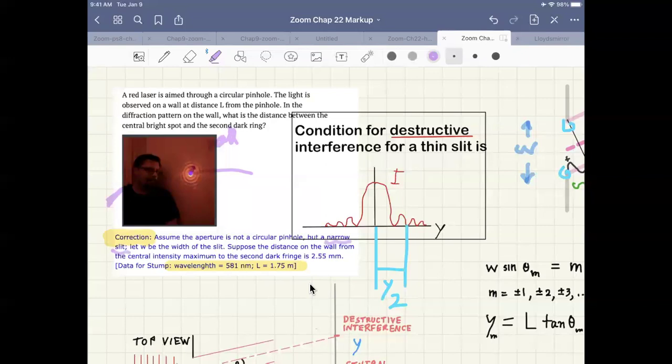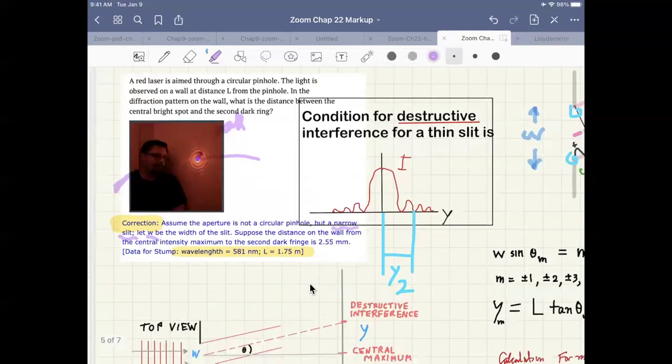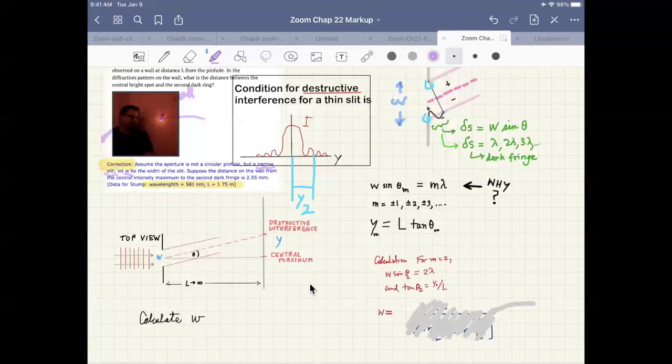Assume the aperture is not a circular pinhole, but a narrow slit with a width W. So here's a view of these waves coming in towards this slit. It's a slit in some kind of opaque surface. And then the waves will spread out by diffraction. And we can look at a particular direction, some direction theta.